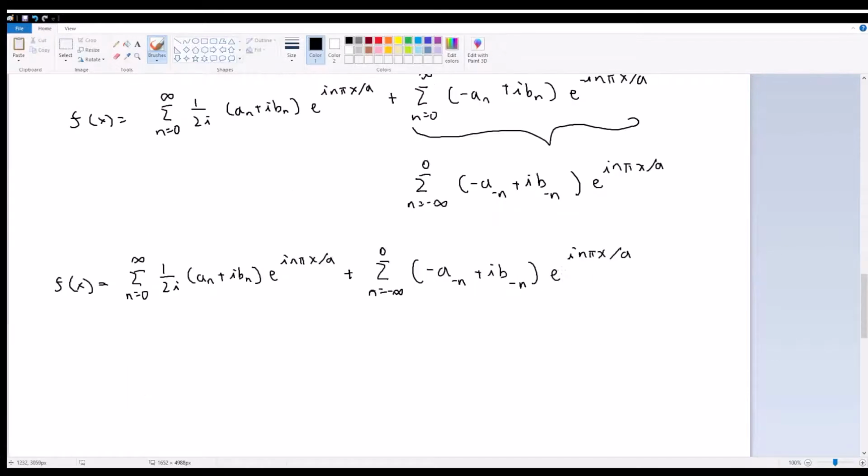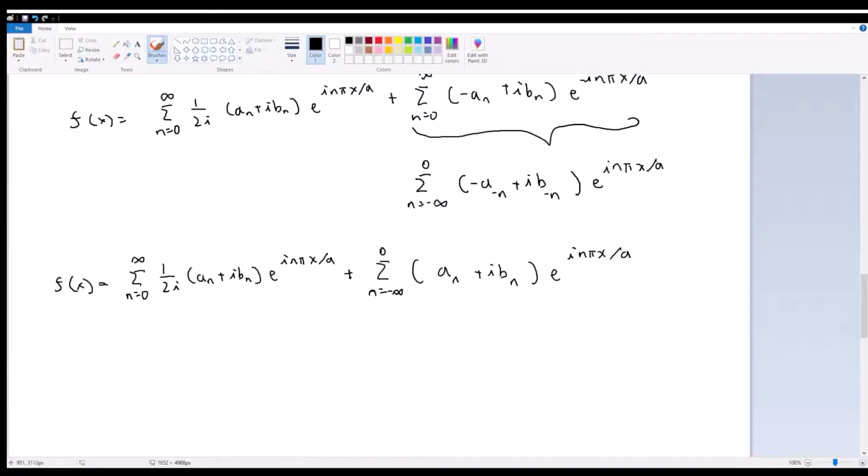We know how an and bn function now when they go under a reverse index. So a of negative n is just negative an. So we remove the negative at the front because that cancels out, and we have an, and then b of negative n is effectively identical to bn. So we just switch this to bn without any changes.